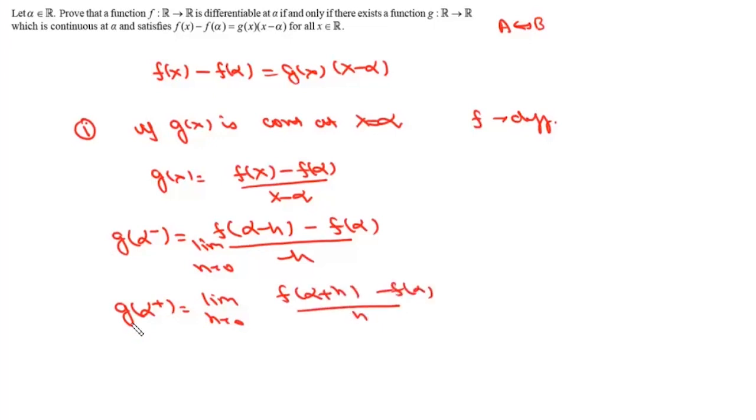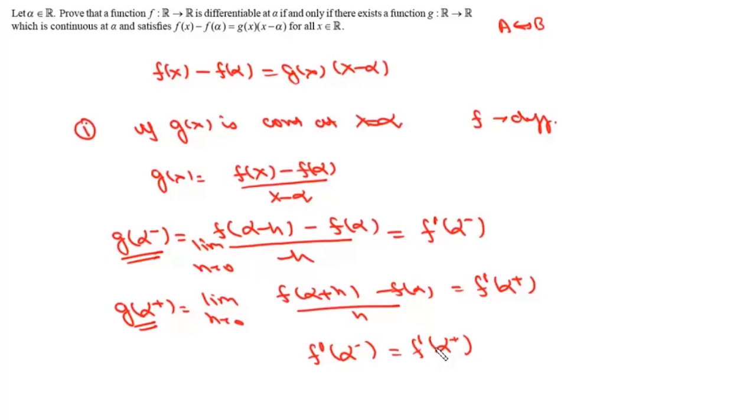Now since g is continuous, both of them must be the same. This is nothing but f'(alpha negative) and f'(alpha positive). So if g(alpha negative) is equal to g(alpha positive), we can write f'(alpha negative) is equal to f'(alpha positive). That means this function f is differentiable at alpha.